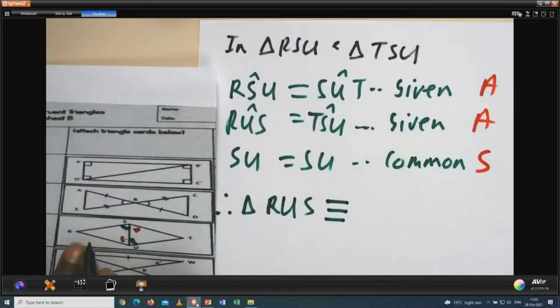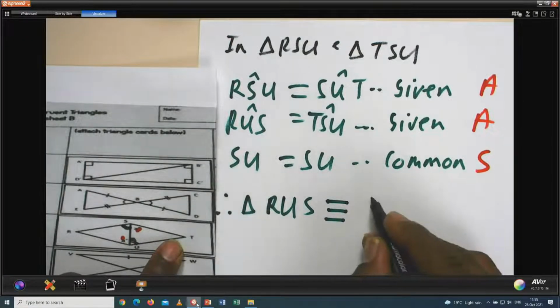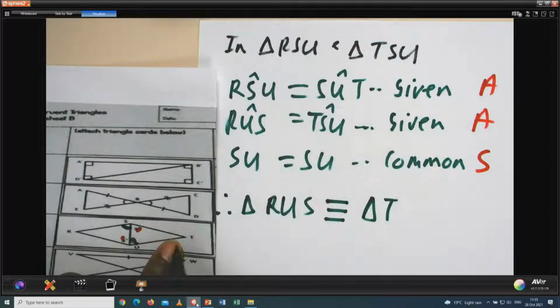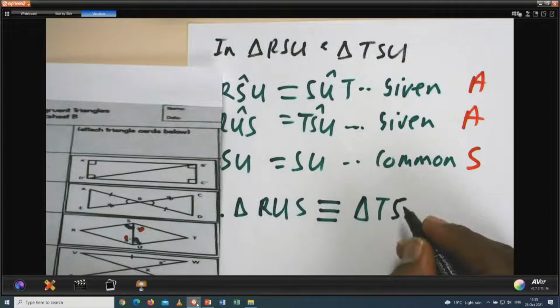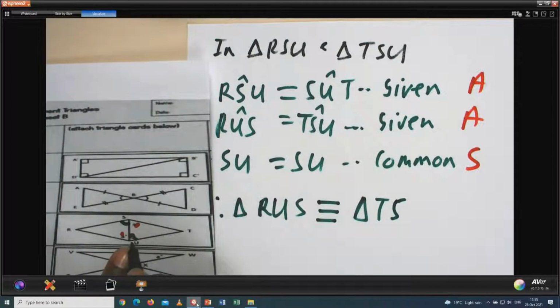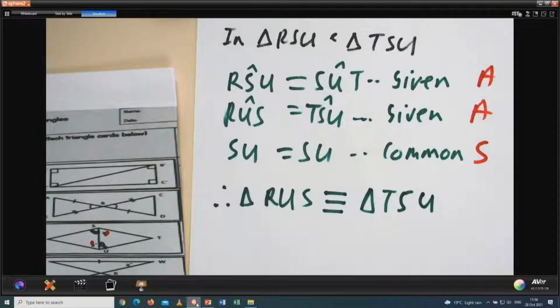Same thing, which angle is equal to R on this side is angle T. Which angle on this side is equal to angle U? The red one is angle S. And then the last one, the green one. Therefore, that is how you answer this kind of question.